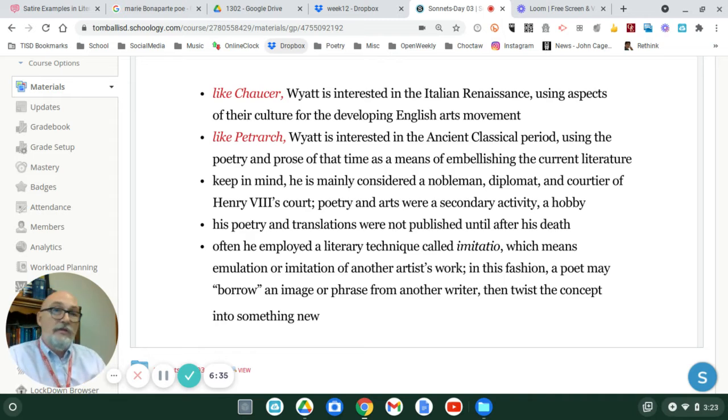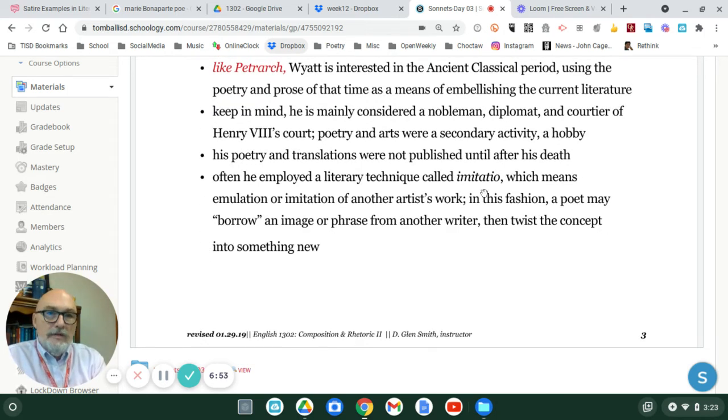These three men wanted to promote those ideas of the ancient Greeks and the ancient Romans, and Christianize them, so to speak, for the contemporary populace of the time. This is where I have the word imitatio. Basically, that means you're emulating or imitating another artist's work.